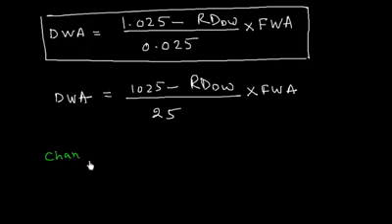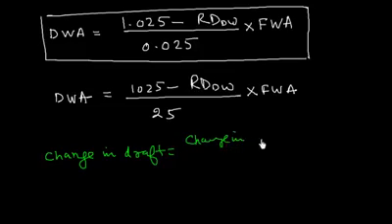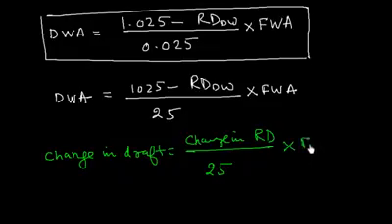Sometimes I may write the formula like this: change in the draft is equal to change in relative densities divided by 25 or 0.025, multiplied by fresh water allowance. And this change in the densities is in multiples of 1000.